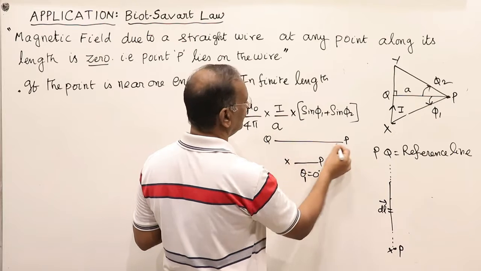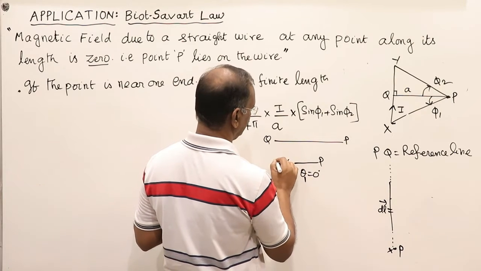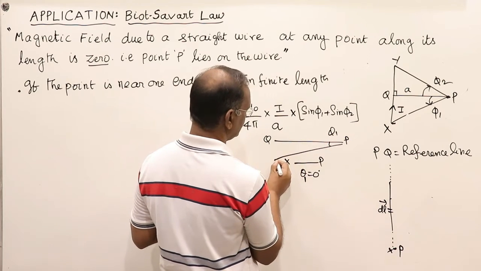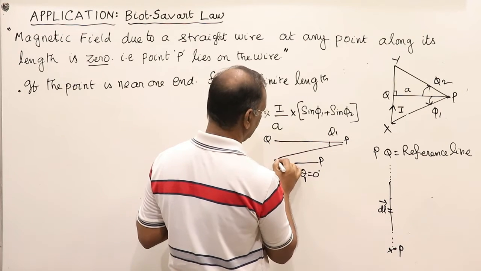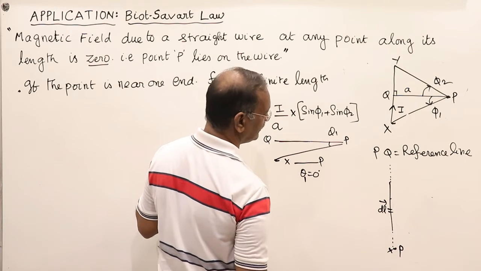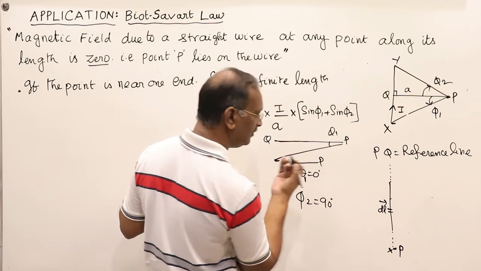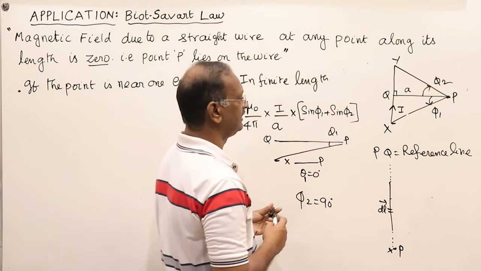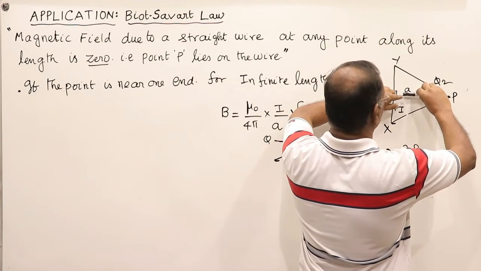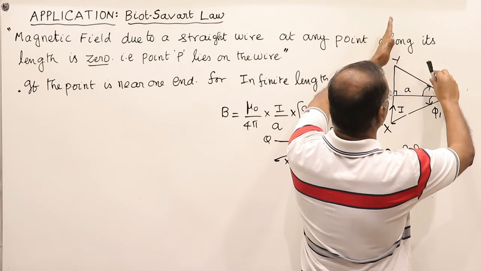When P is here, this point will be somewhere here, and we call that phi 1. Now P has come here, so this is the same angle. What is the angle between this one and this one? It is equal to phi 1 equal to 0. What about phi 2? Phi 2 is equal to 90 degrees. How? Because when the length is increasing, we measure this angle with reference, and it will keep moving.